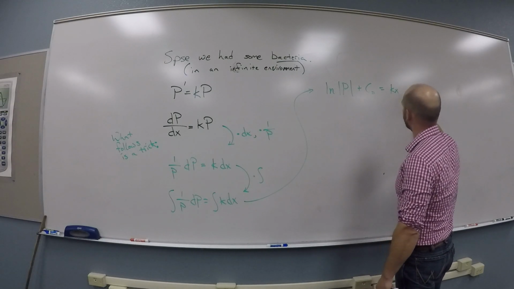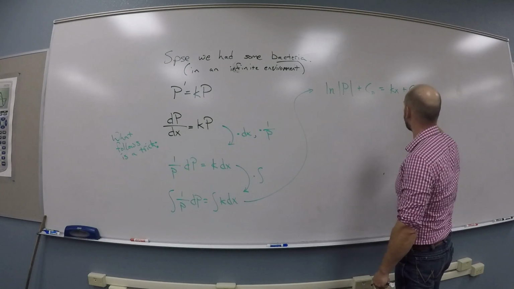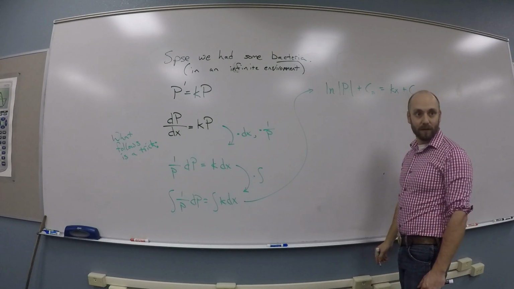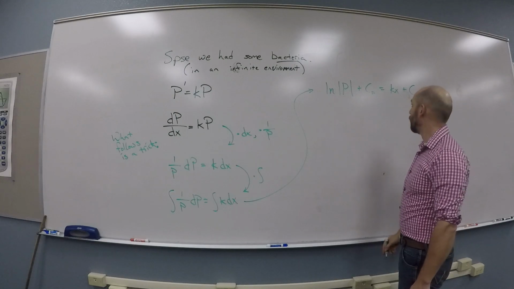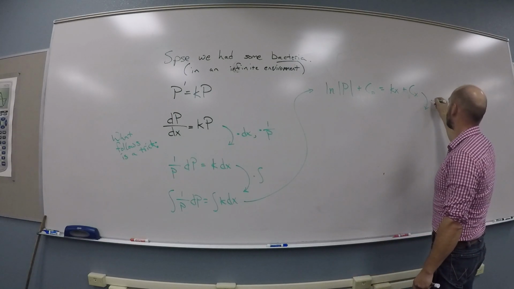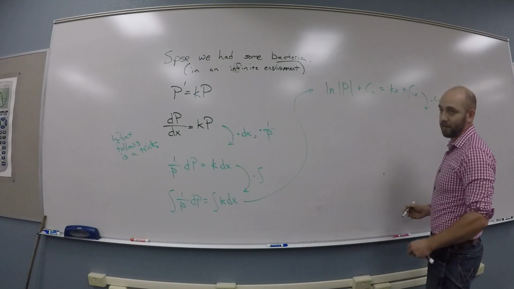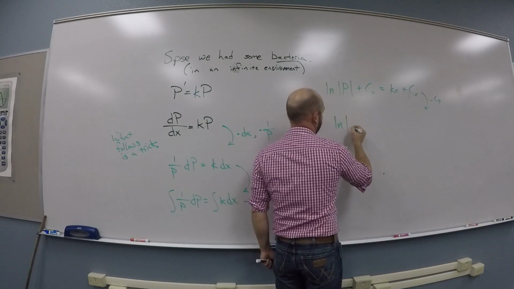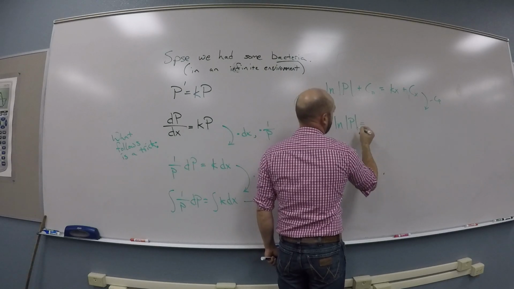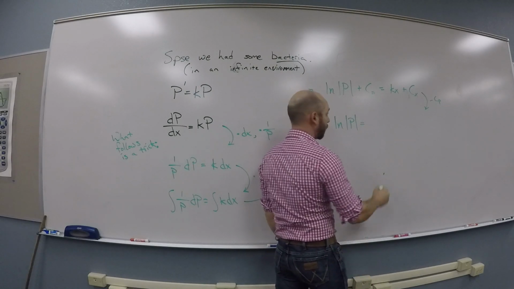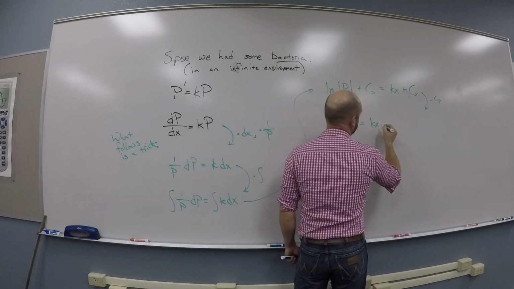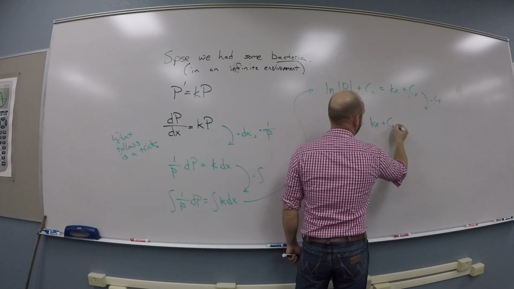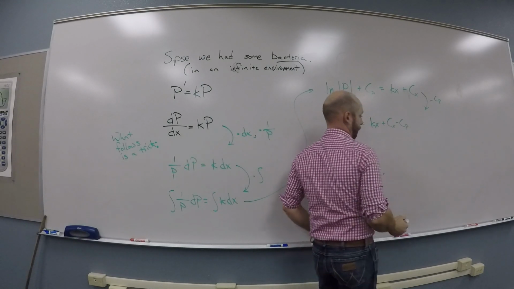Plus some constant that came from the x side. Okay. Then subtract Cp from both sides. Get the log of the absolute value of p is equal to kx plus cx minus cp.